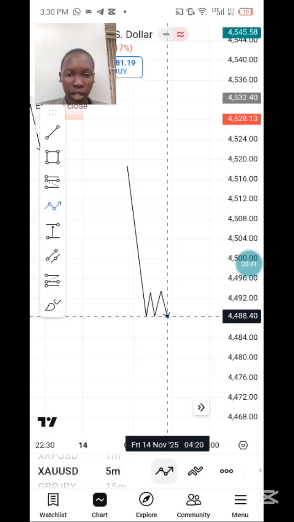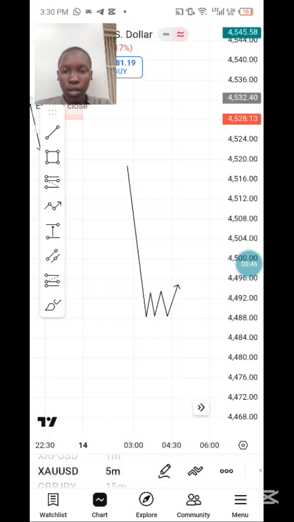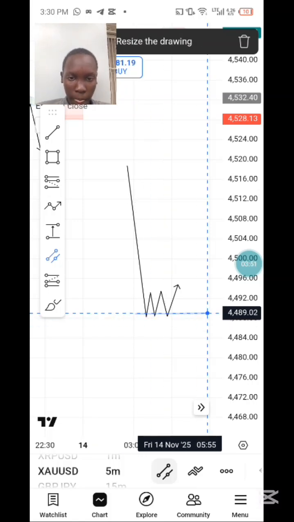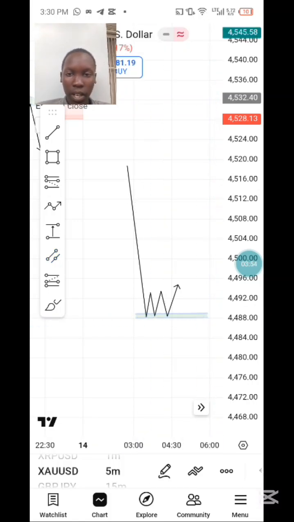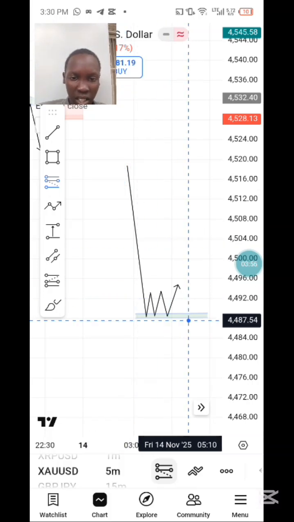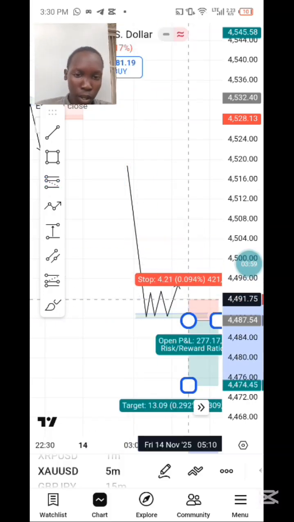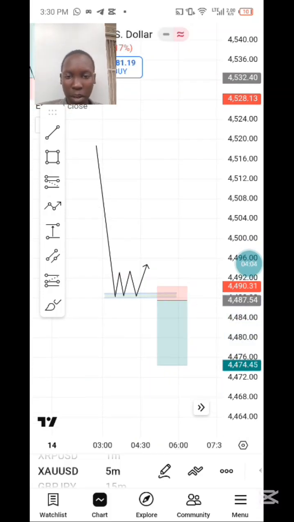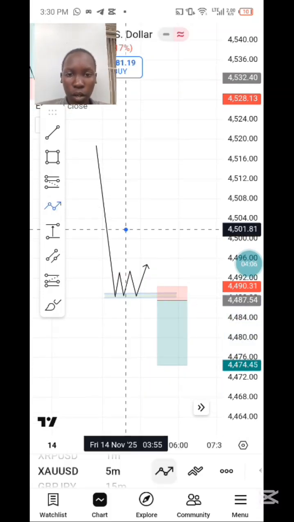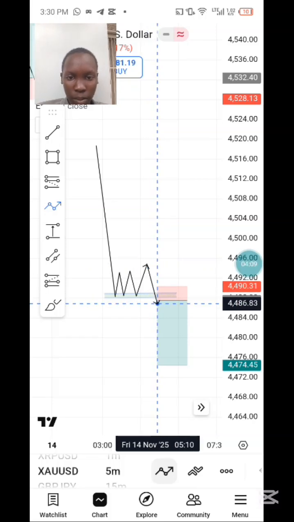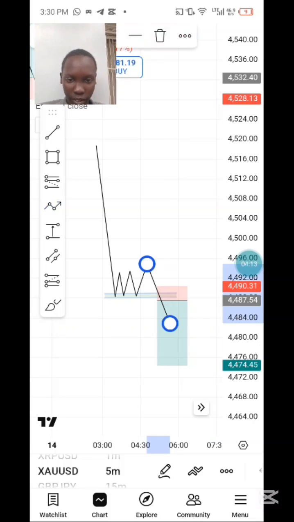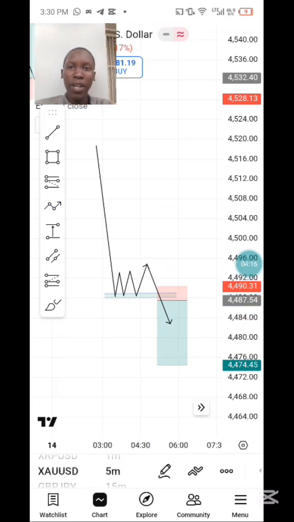Use the tool like this, give it some time, then you can even put your sell limit below here, aiming for 1 to 3 risk to reward. Sometimes it can go to 1 to 4. So now you wait for it to break. Once it breaks and closes here, we are tapped into the trend, then it will continue dropping. Remember, do not wait for the retest, because gold rarely retests.